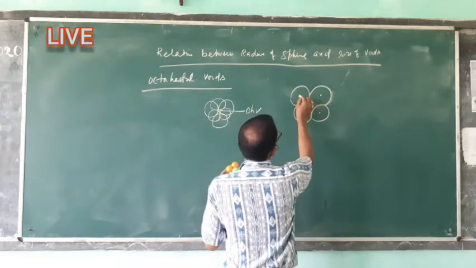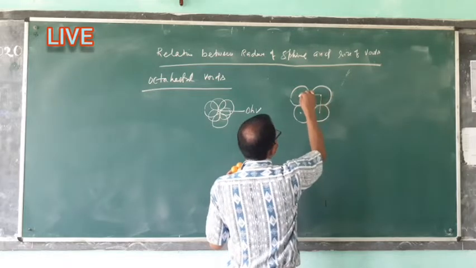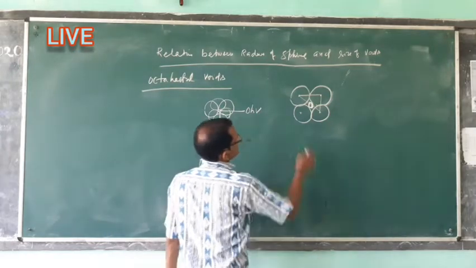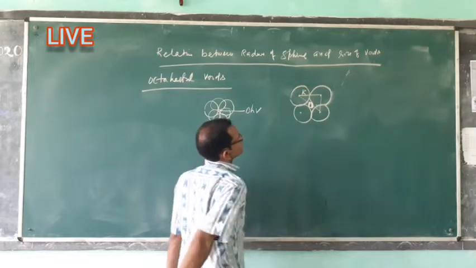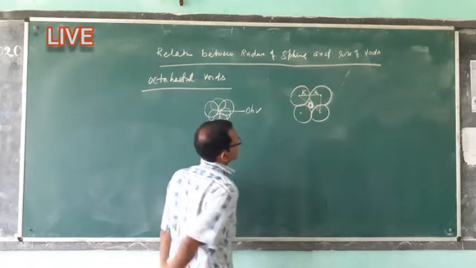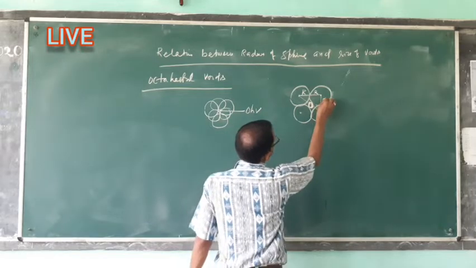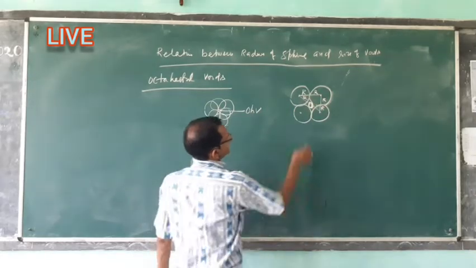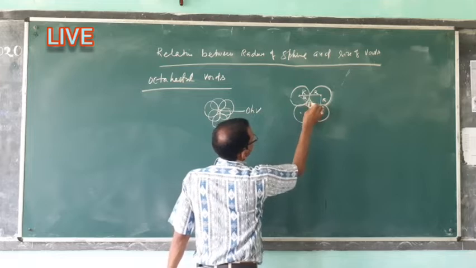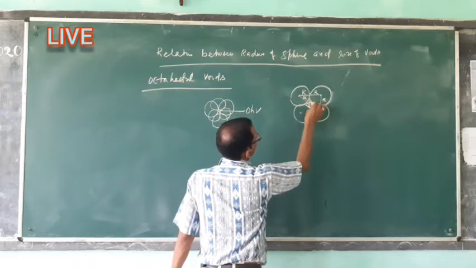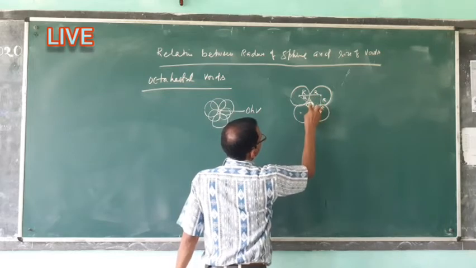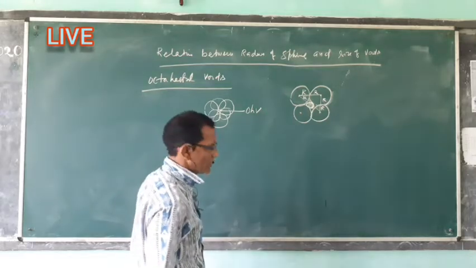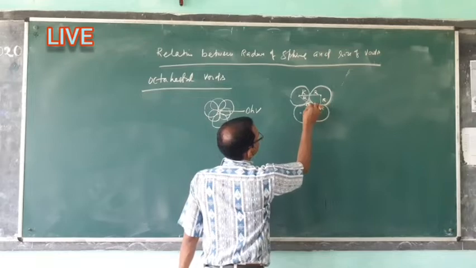So let these be joined like this, and the radius of the sphere is written as capital R. This is one R, another R. This is also one R. This is also one R. And here one R. Then these spheres which are present at the void, at the octahedral void, it is small r.